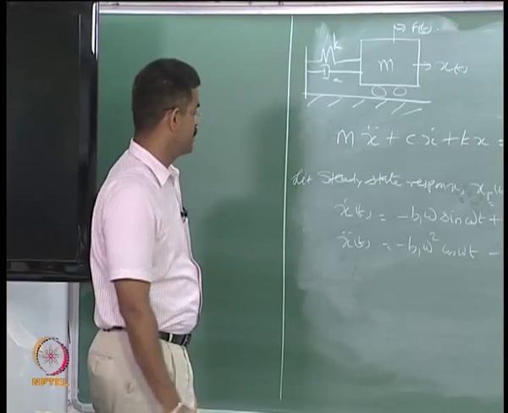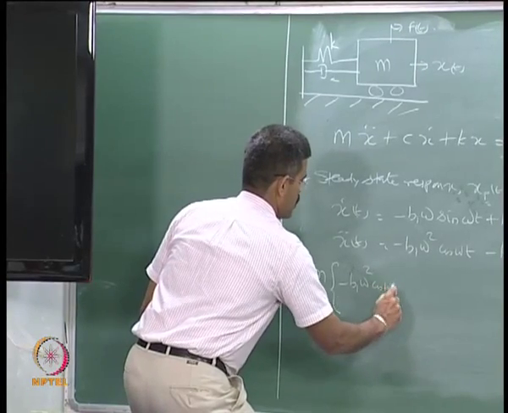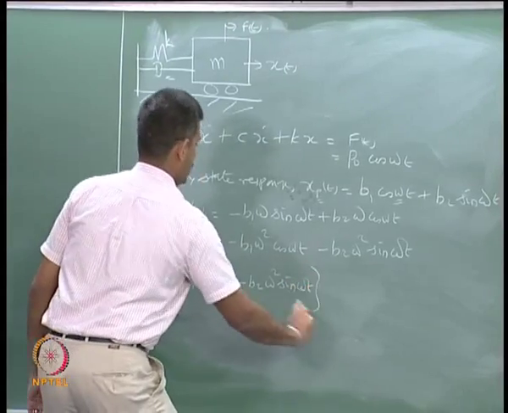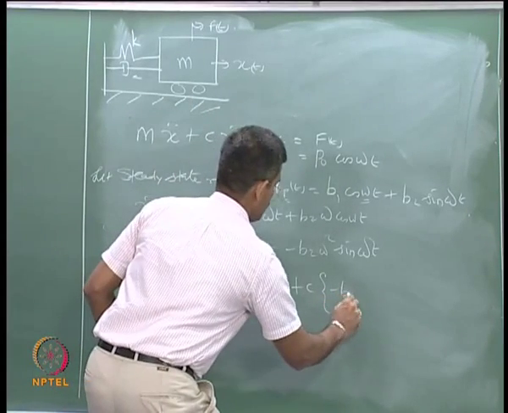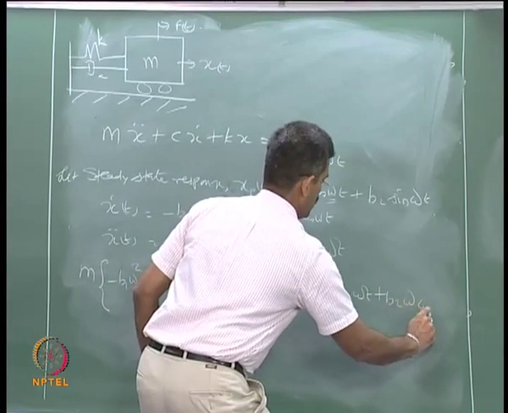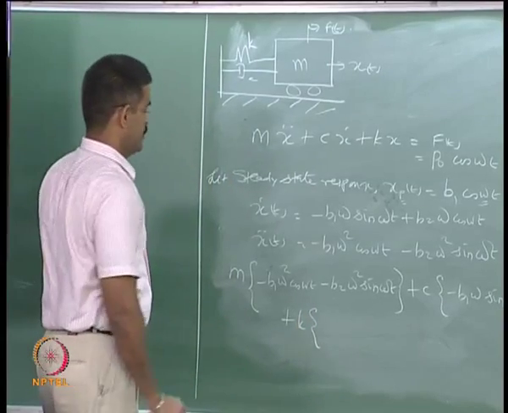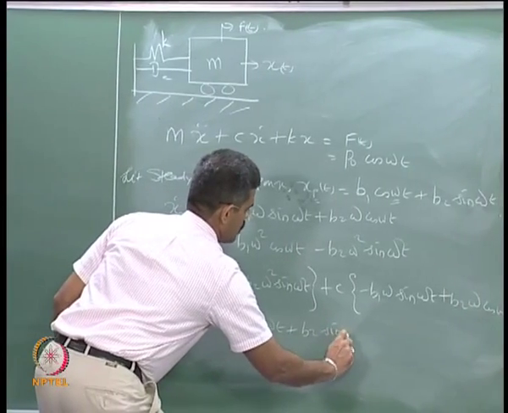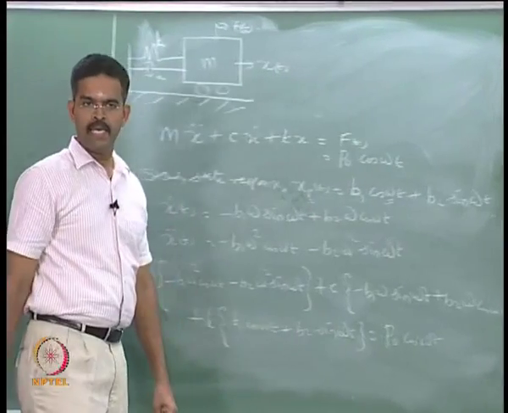Substituting back, m of minus B1 omega square cos omega t minus B2 omega square sin omega t, plus C of minus B1 omega sin omega t plus B2 omega cos omega t, plus K of B1 cos omega t plus B2 sin omega t is P naught cos omega t.